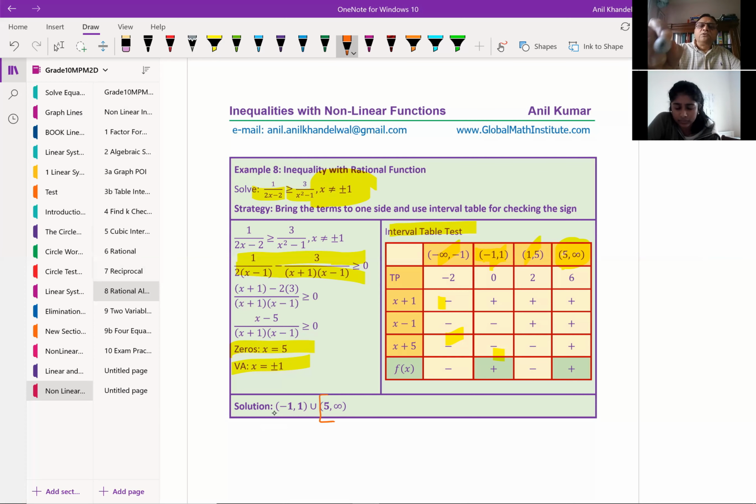So another thing which I do normally is, when I'm looking at the zeros, which is 5, I actually put a 0 here, as a reminder that this should be included. You're getting my point? I've seen it in your videos, and then you put like a hole. I put a circle here saying that these are the vertical asymptotes. Do you understand? So I don't do that.